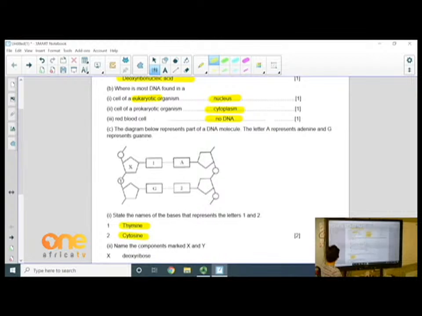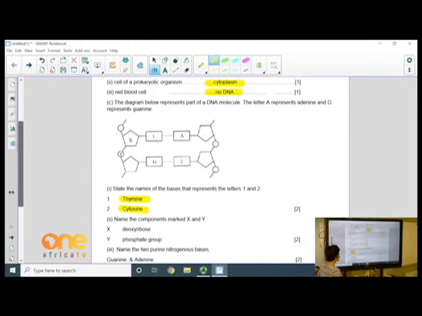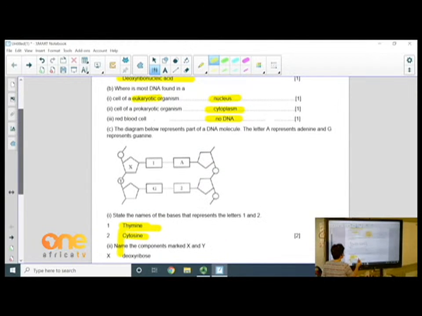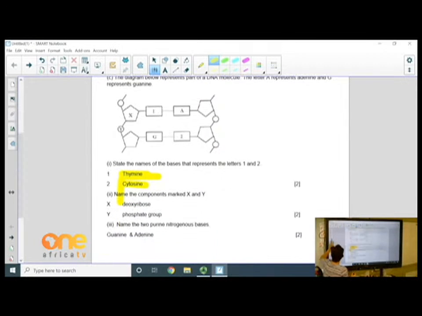The component X, I want to see deoxyribose, because you are higher level. It's not only a sugar, it has a specific name. And then, of course, Y is the phosphate group.